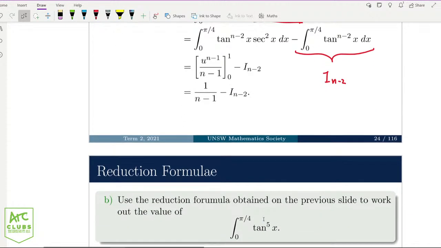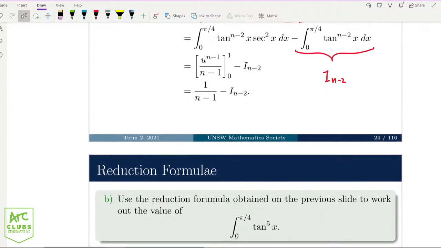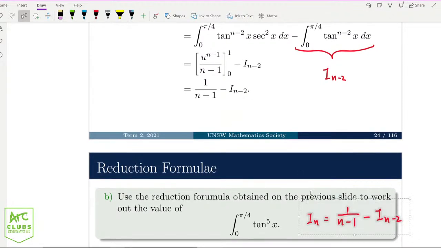Now, part B, we want to use the reduction formula that we just got: In is equal to In minus 1 minus In minus 2. So we want to use what we got in part A to work out the value of this integral, tan to the power of 5, which is essentially just I5.